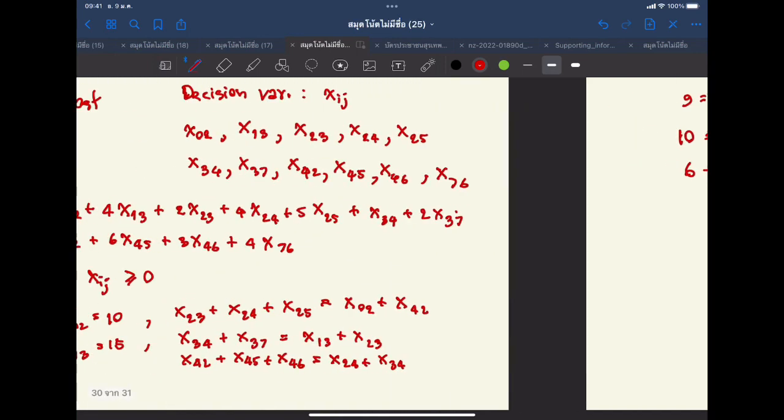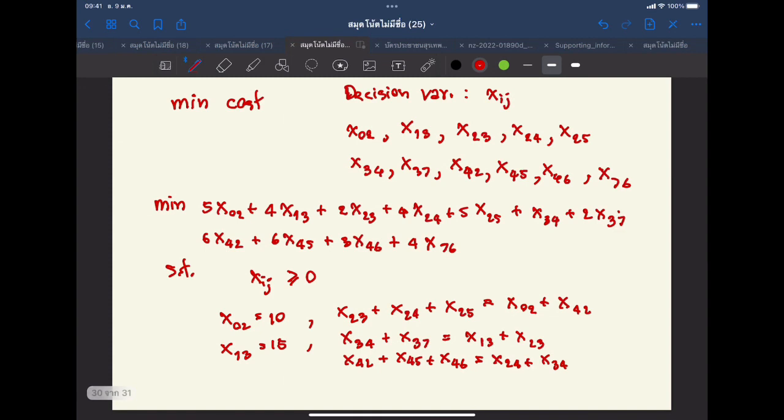Okay, so we finish it, and of course you see that this class of problem is very similar to the previous one, the transshipment problem. I think it's not too difficult for you, and in some cases it's possible that you have storage or inventory at each node.